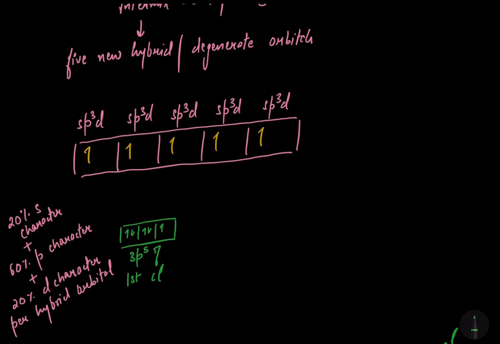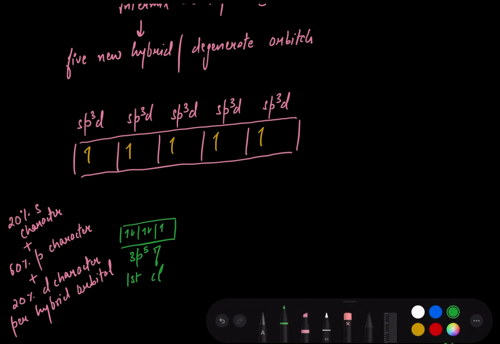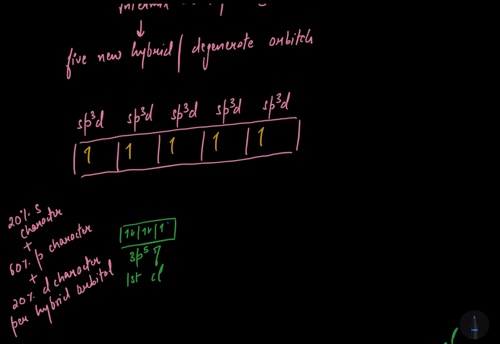Here, one of the 3p orbitals, which has one electron, is going to have head-on overlap with the sp3d hybrid orbital of phosphorus for the formation of the sigma bond. So this sigma bond is sigma sp3d-p. Why so? Because this sigma bond has been formed by head-on overlap of the sp3d hybrid orbital of phosphorus with the p orbital of the chlorine.